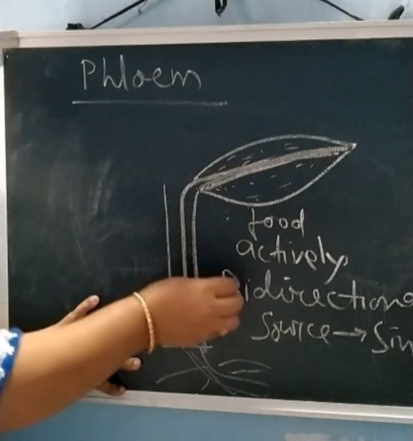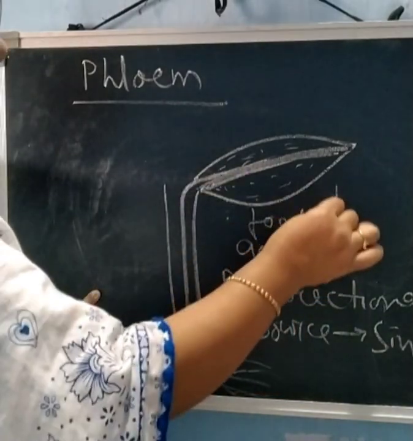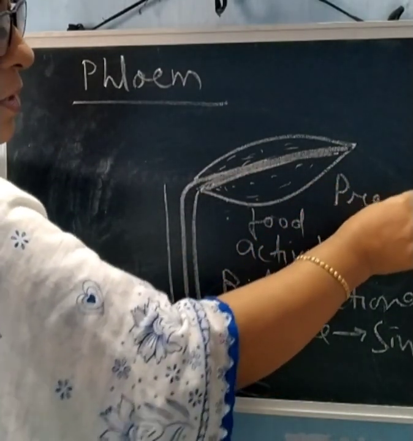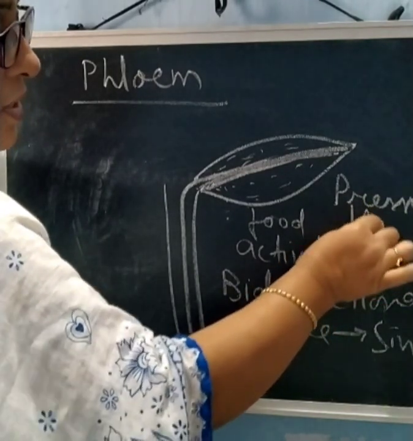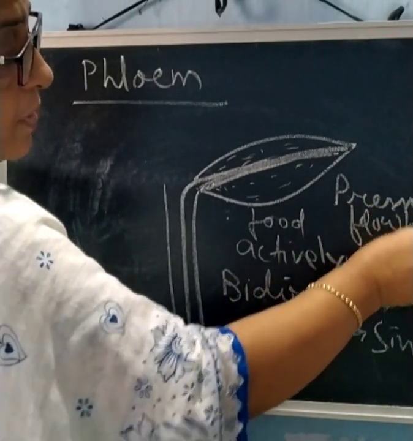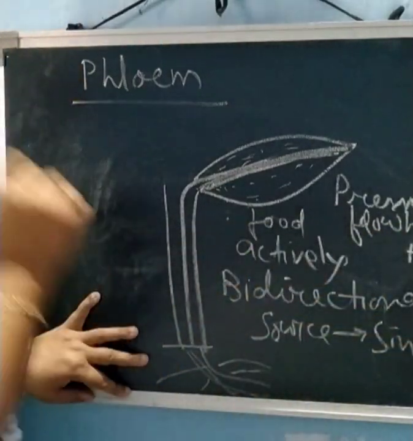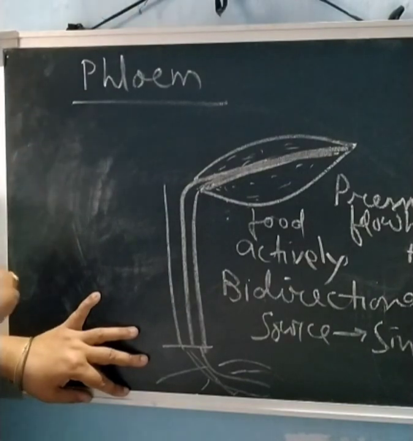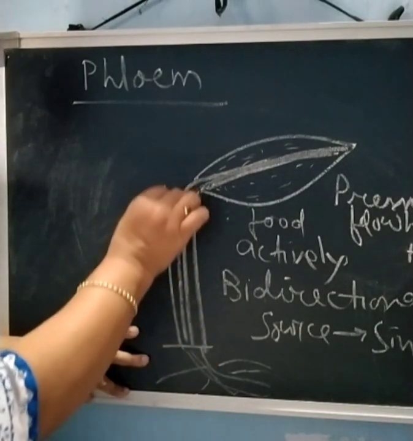And this bidirectional movement follows the pressure flow hypothesis, because the food moves from high pressure to low pressure. Along with the phloem there is xylem also.